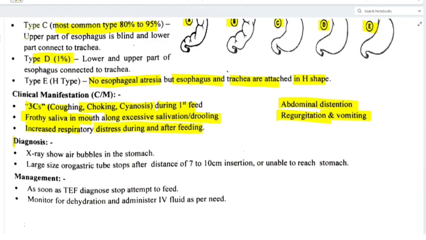Now coming to the diagnosis part. X-ray shows air bubbles in the stomach. A large size orogastric tube stops after a distance of 7 to 10 centimeters of insertion or is unable to reach the stomach. Clear? Management part: as soon as TEF is diagnosed, stop attempts to feed. Obviously, because there is an abnormal connection between the GI tract and trachea, we should not attempt any feed.